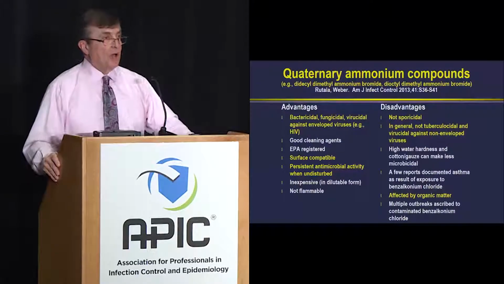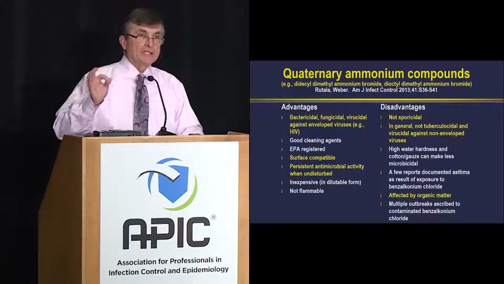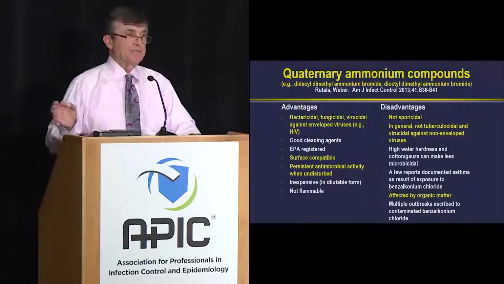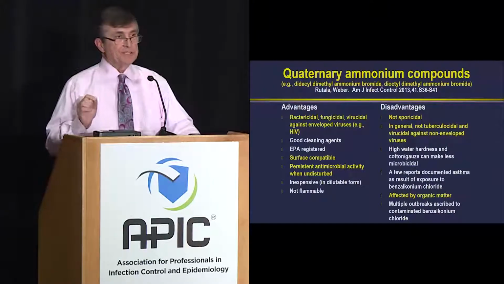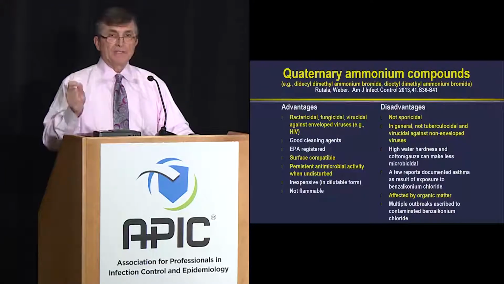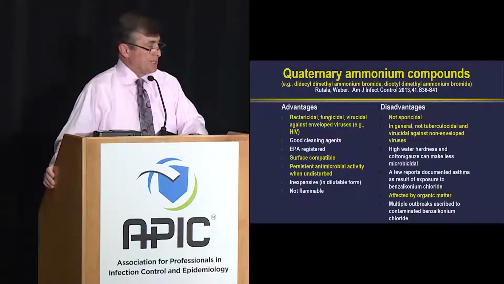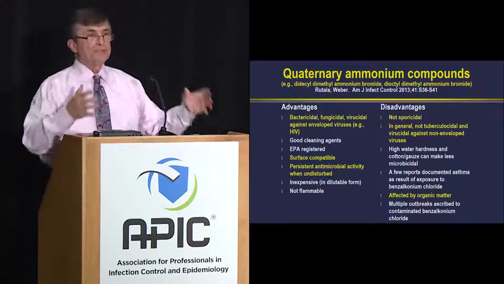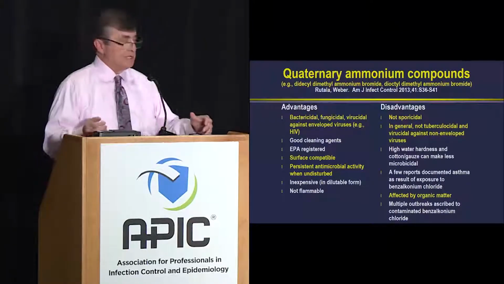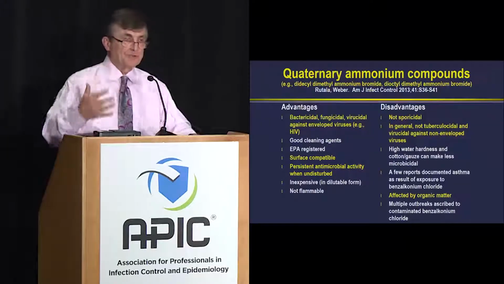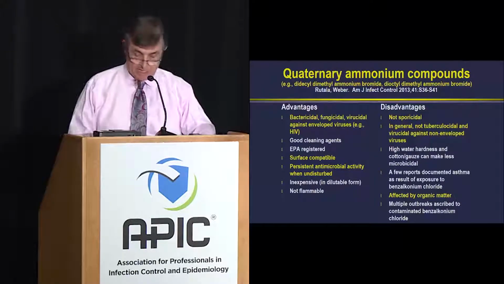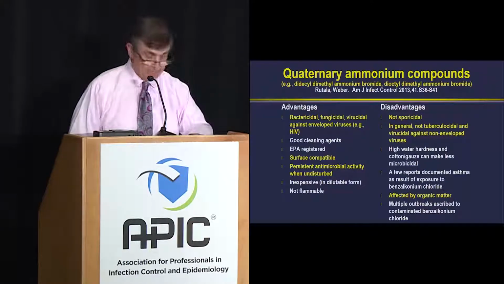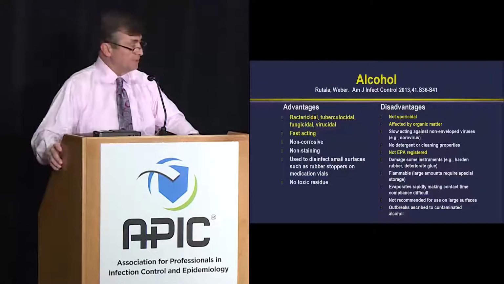Now, as you know, all disinfectants and all processes and products have advantages and disadvantages. We're not going to spend a lot of time on advantages and disadvantages, but we know that all products have advantages and disadvantages. Quaternary ammonium compounds, you see advantages and disadvantages. The advantages include things like surface compatibility and bactericidal activity and fungicidal activity, and actually a persistent antimicrobial activity when undisturbed.